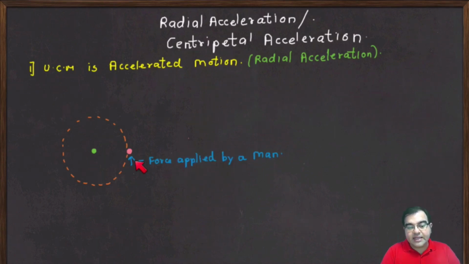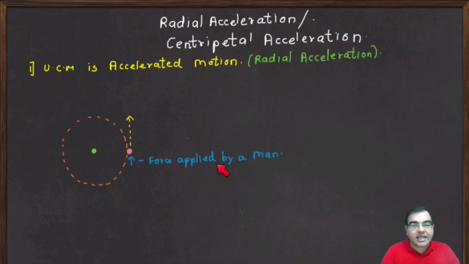Whenever you apply a force to a stationary object, can you see the force is applied in the upward direction? So this force will make the object move in the upward direction. This object is expected to move upward when the force is applied by the man.